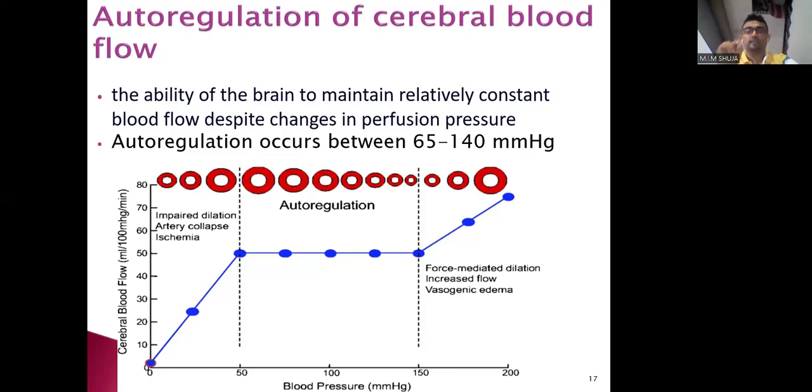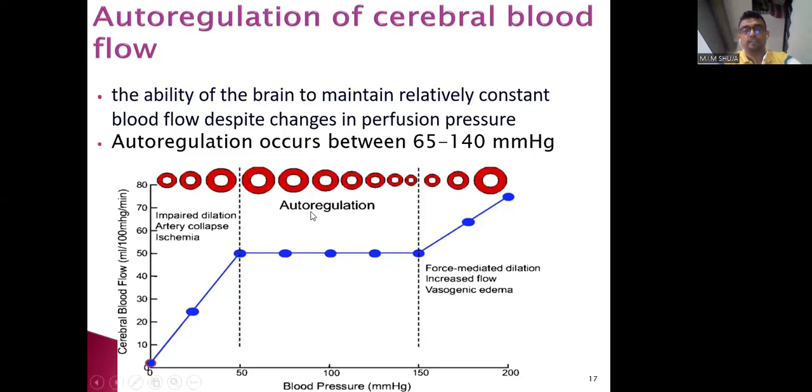But that autoregulation happens within a range of blood pressure. If the blood pressure is beyond the range, then the blood flow is pressure dependent.